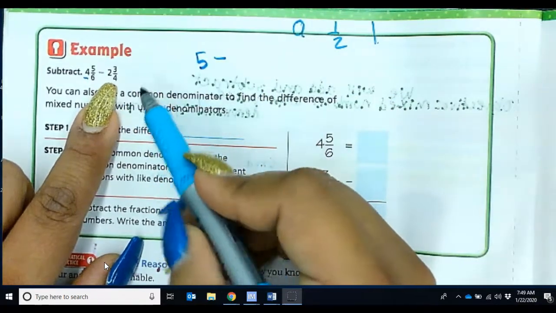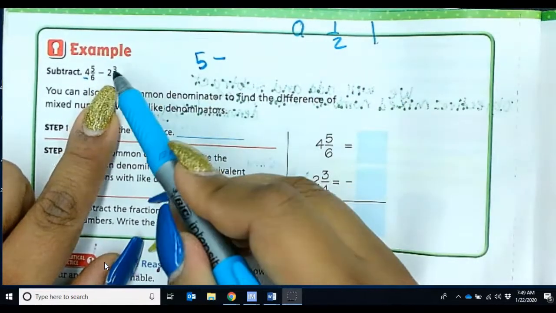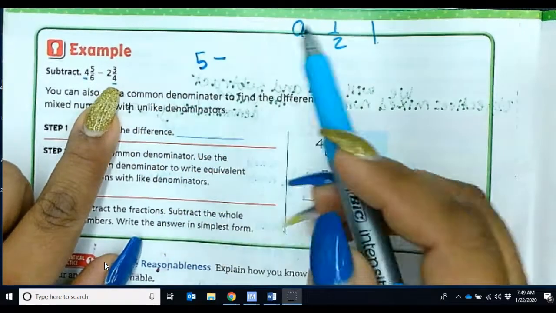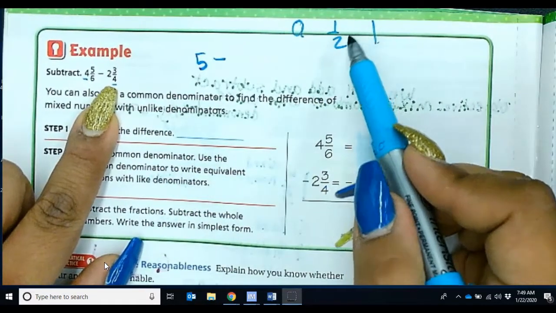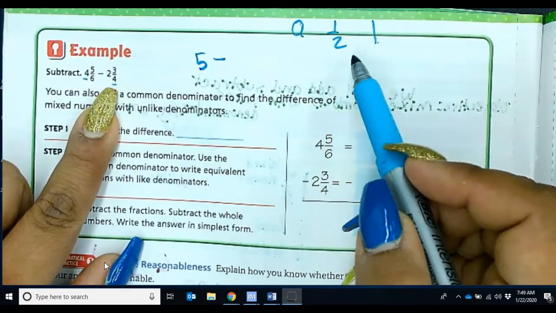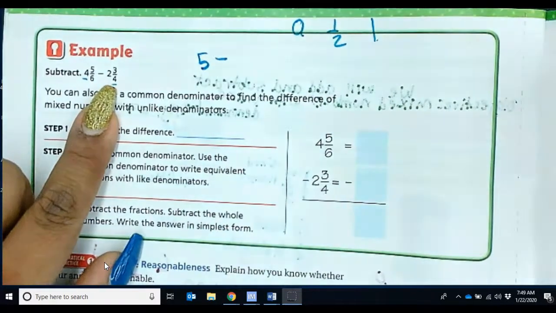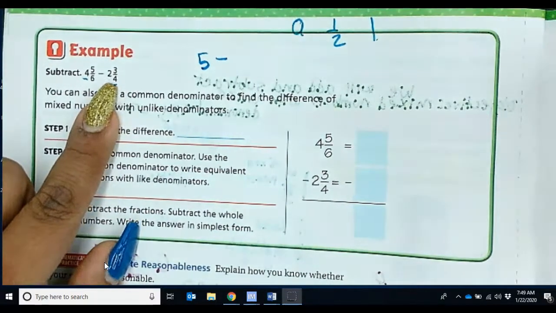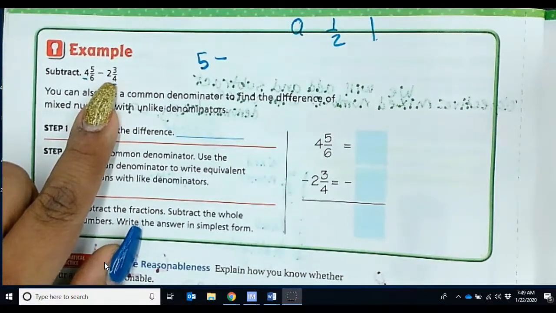Is 3/4 closer to 1? Yeah, right? Because my denominator is 4, half would be 2/4. So 3/4, actually that's debatable, right? I mean, if you say that it's closer to a half, that would also be correct.